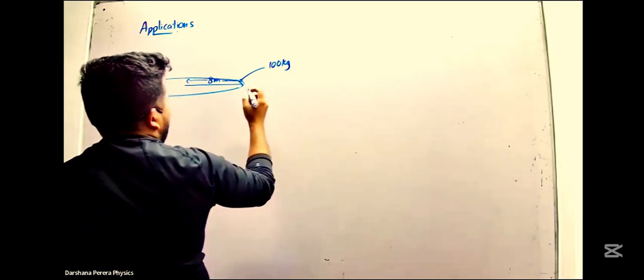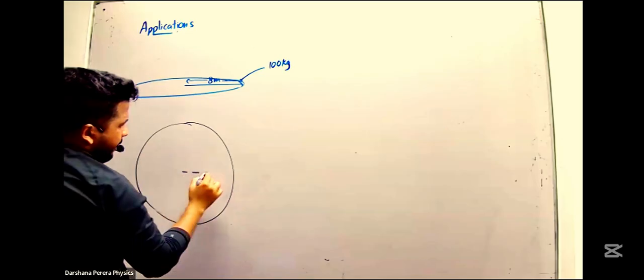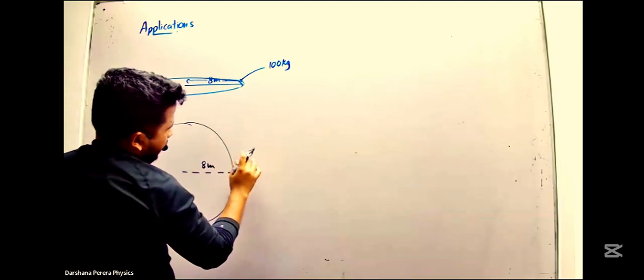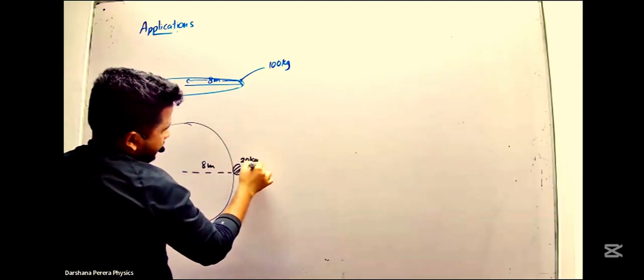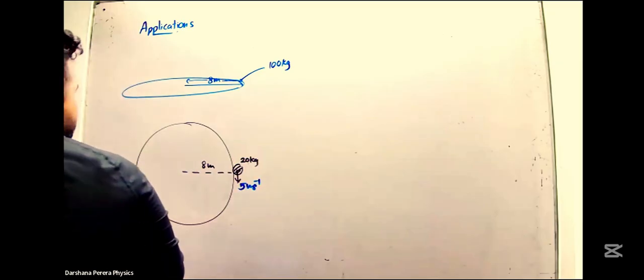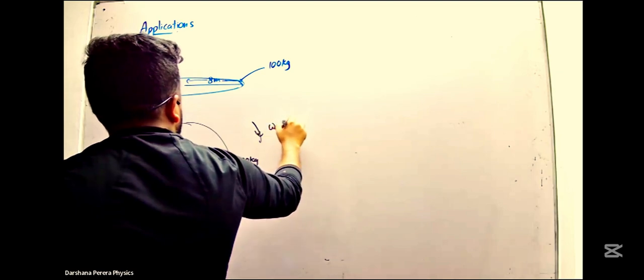A child of mass 20 kilogram is connected with it, moving at 5 m s minus 1. Okay, find the final velocity. Give me the answer.